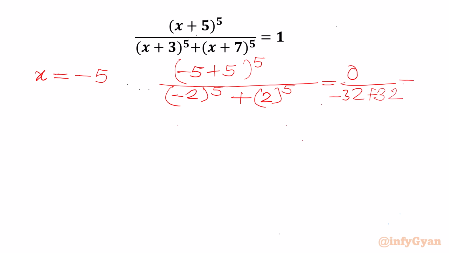So we are getting 0 over 0 form. From here we can conclude x cannot be equal to negative 5 for our equation.